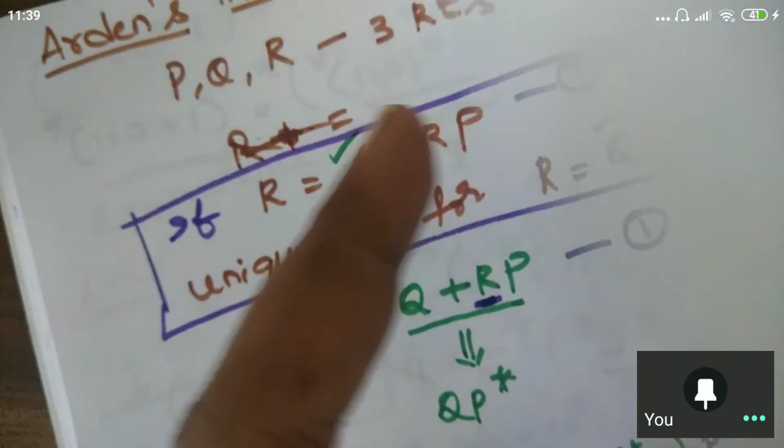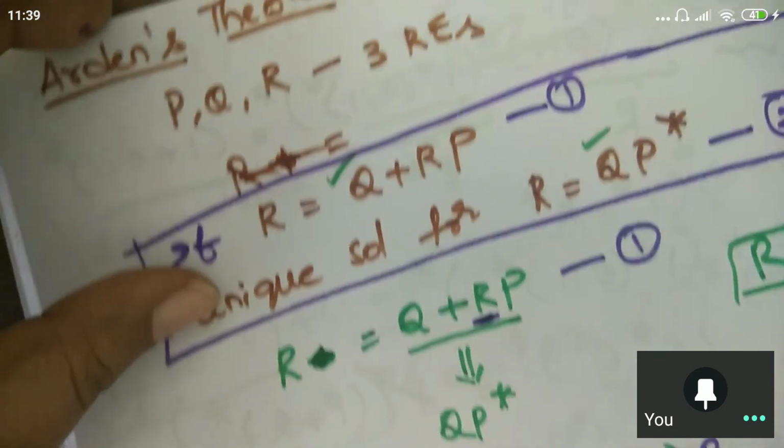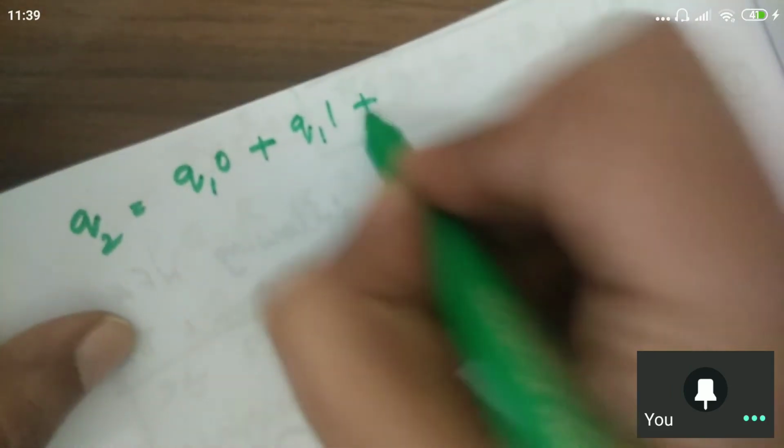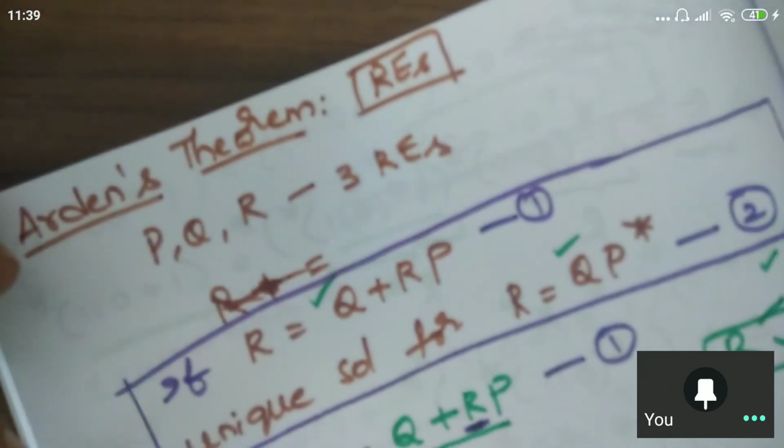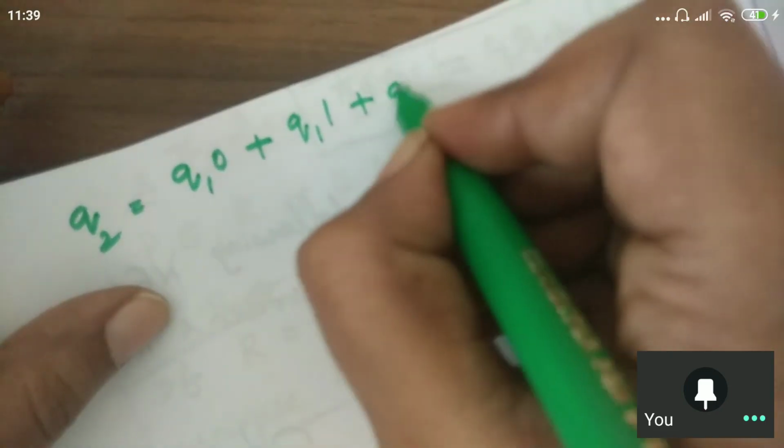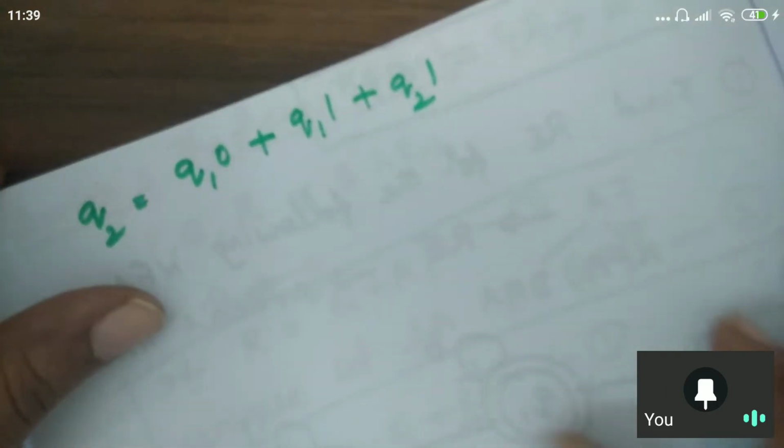The equation for Q2 is Q1 0 plus Q1 1 plus Q2 1. So this is the equation for Q2.